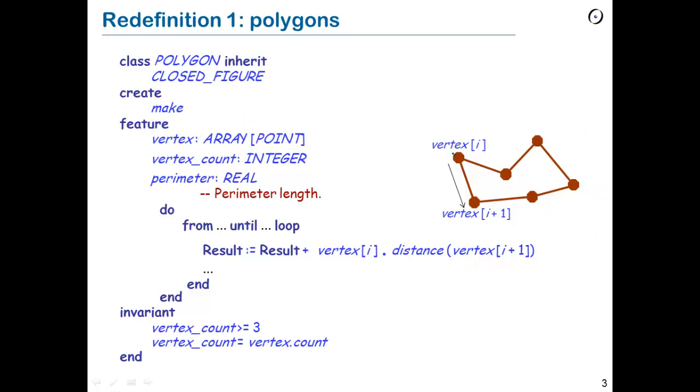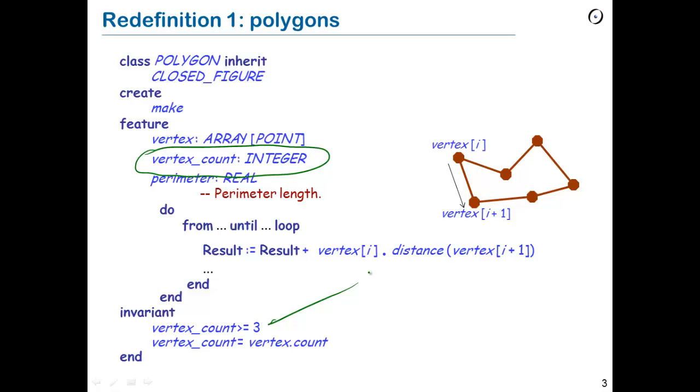We have a certain number of vertices to define a polygon, and this is going to be given by the attribute vertex count. Now, if you look down at the invariant, you notice two things, which are properties of the class polygon. One is that we only consider polygons with at least 3 vertices.